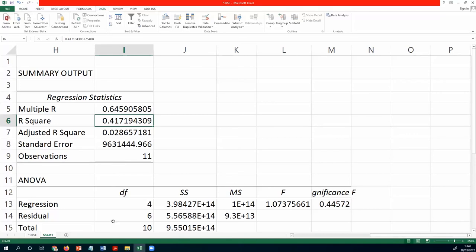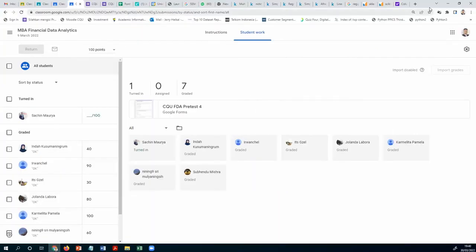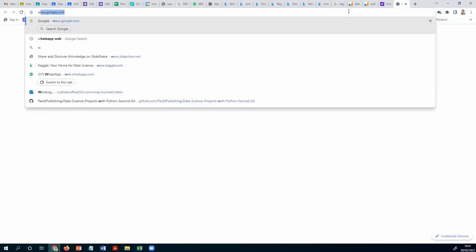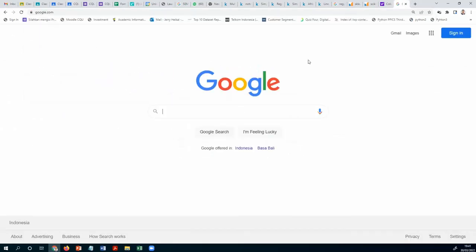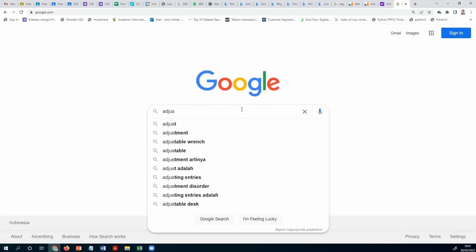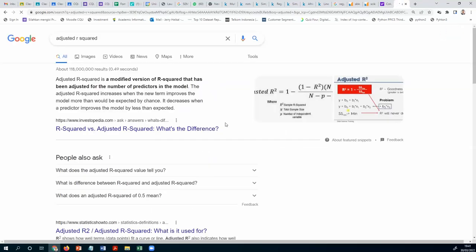Let me explain in another way. What is adjusted R square? Adjusted R square is a modified version of R square that has been adjusted for the number of predictors in the model. The adjusted R square increases when the new term improves the model more than would be expected by chance.